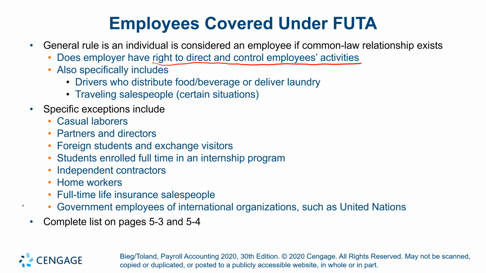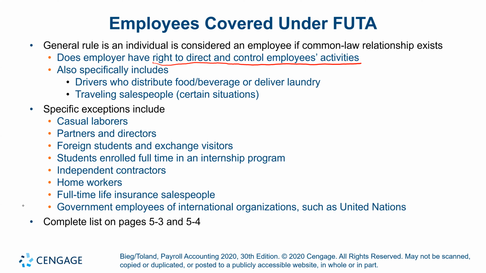So, specific exceptions include casual laborers, partners and directors, foreign students and exchange visitors, students enrolled full-time in an internship program, independent contractors, home workers, full-time life insurance salespeople, and government employees of international organizations such as the United Nations. It does show a complete list on pages 3 and 4.